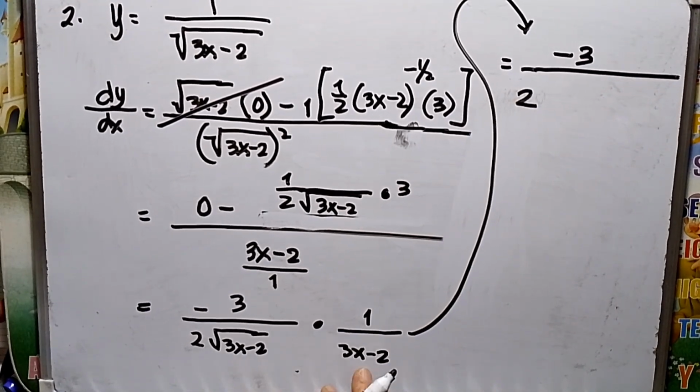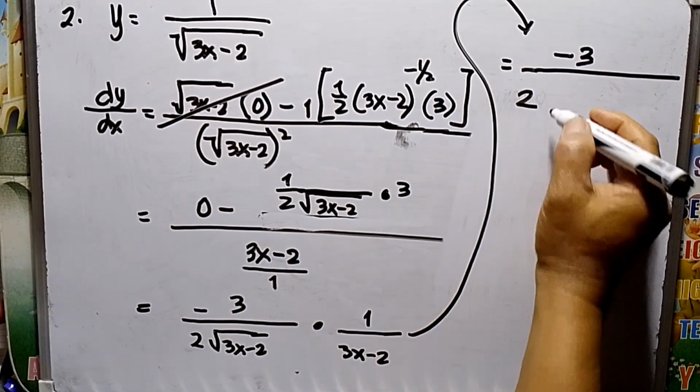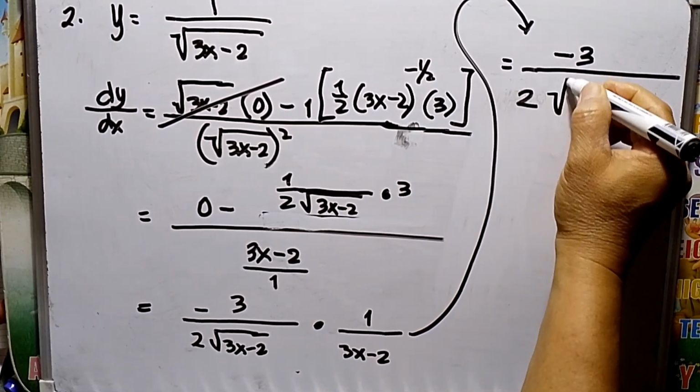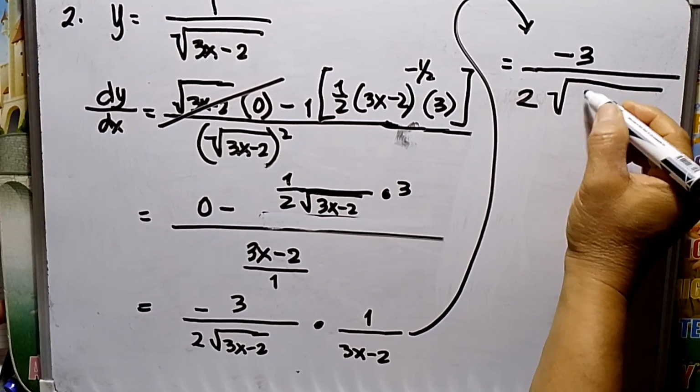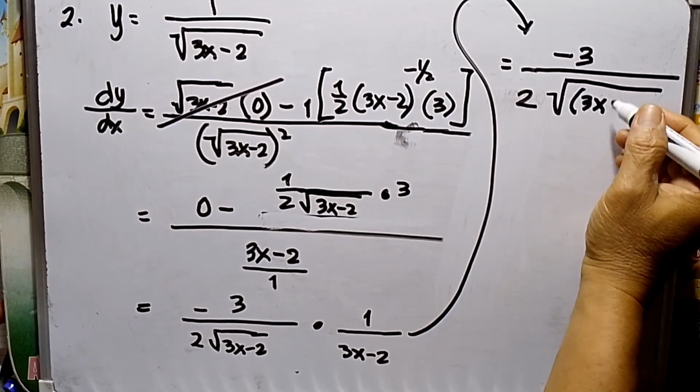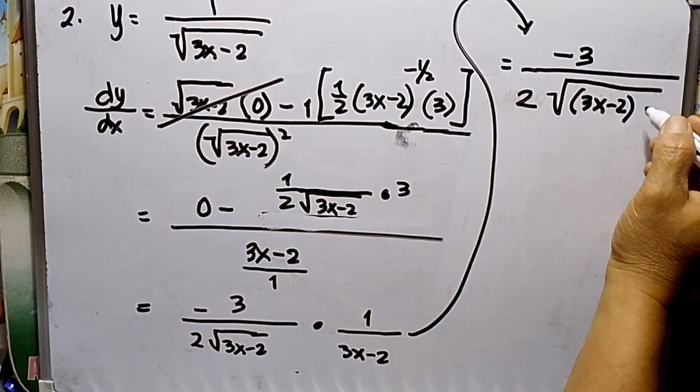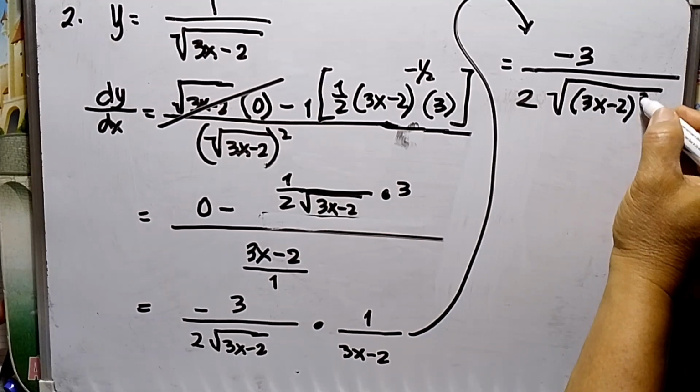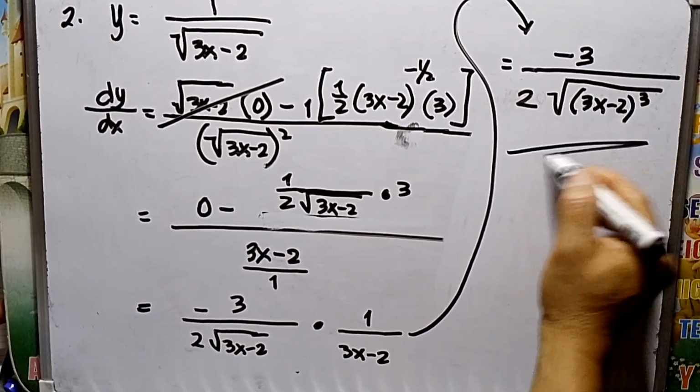Square root, half plus 1 is 3 halves. So this will be square root of 3x minus 2 raised to the third power. So that's the answer for number 2.